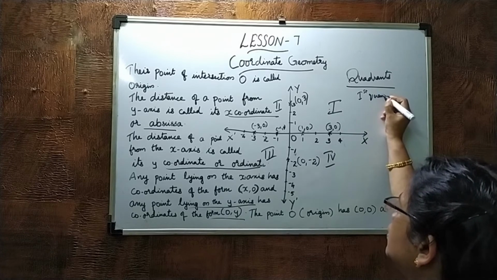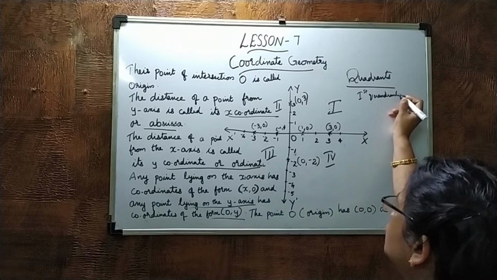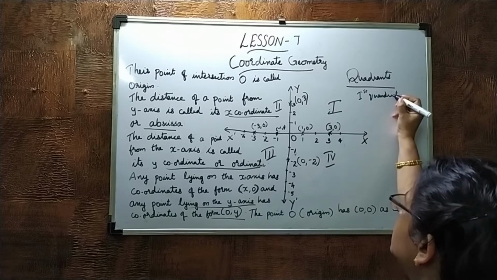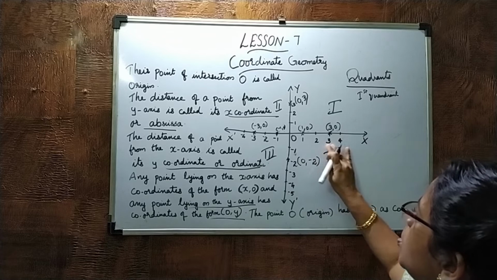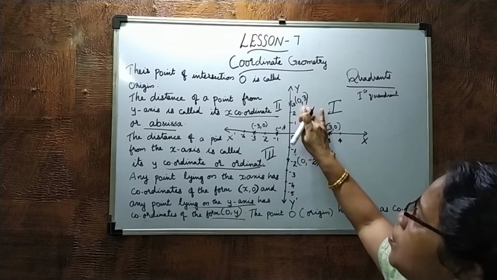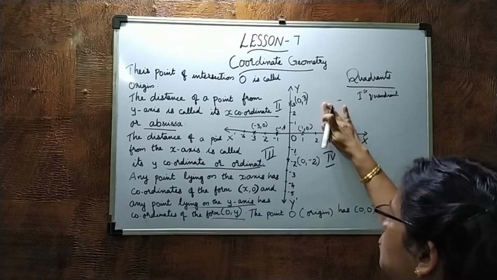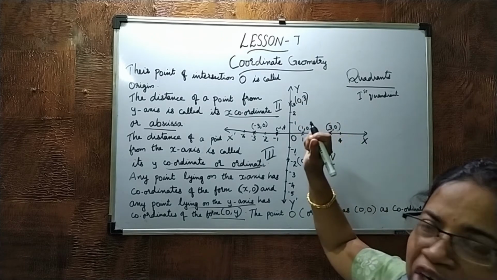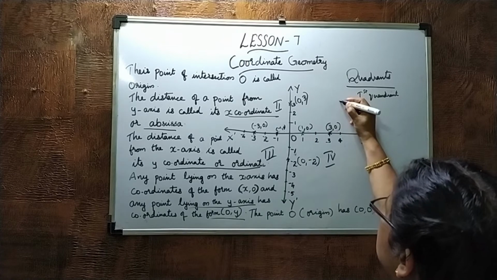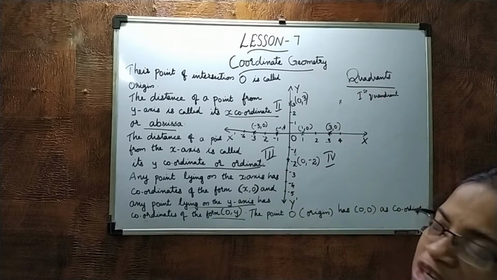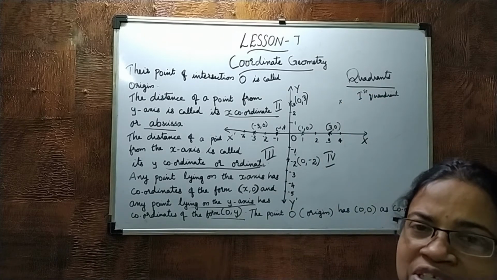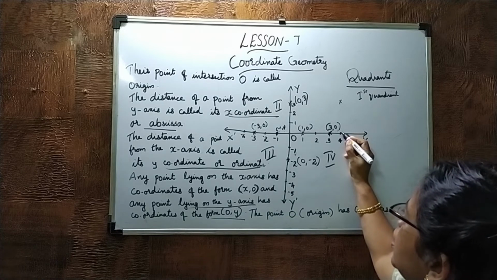In the first quadrant, what happens? Here all the x coordinates and y coordinates will be positive. Suppose I put a point here. Which are the coordinates? Take the x coordinate first.